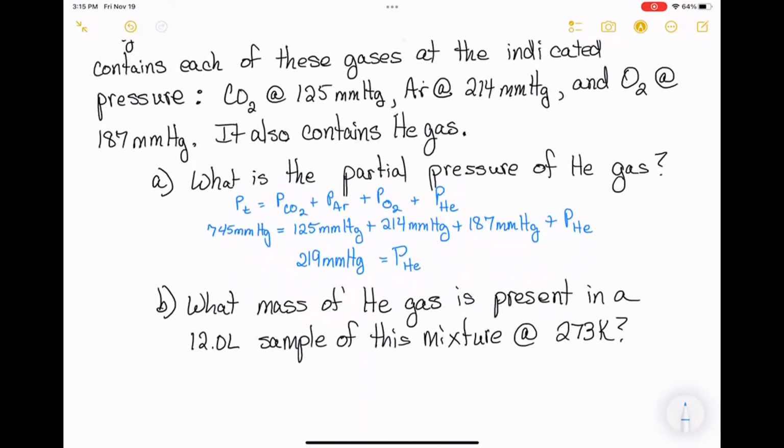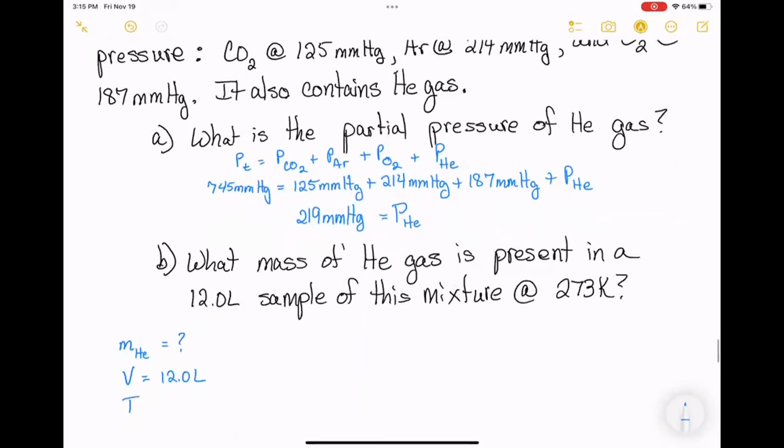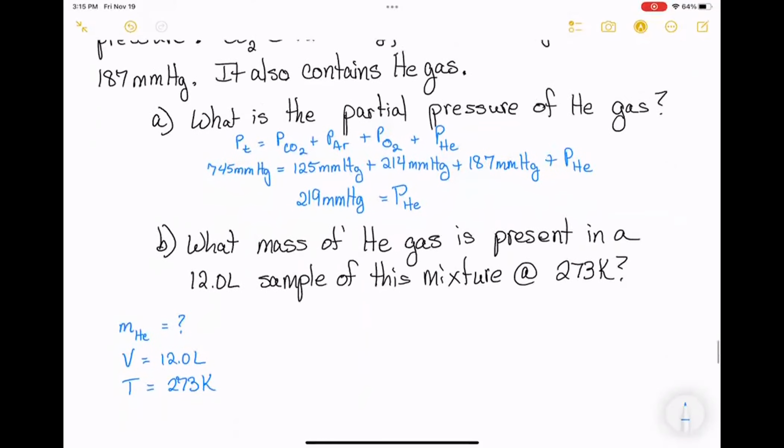So we want to know the mass of our helium in a volume of 12.0 liters at a temperature of 273 Kelvin. And we know the pressure is 219 millimeters of mercury.